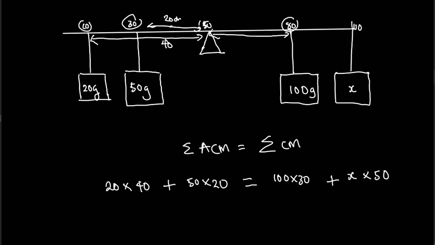Now all we have to do is just simplify. 20 times 40 is 800. 5 times 2 is 10, so we have 1000 is equal to 100 times 30 is 3000, and then 50 times x is what? 50x.